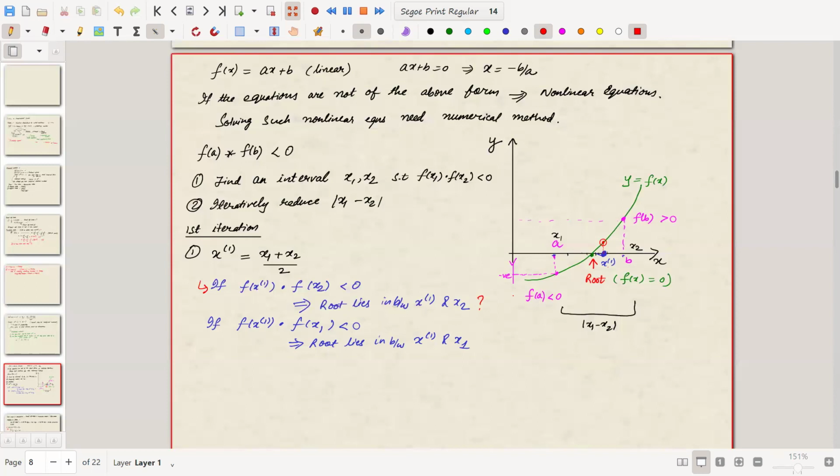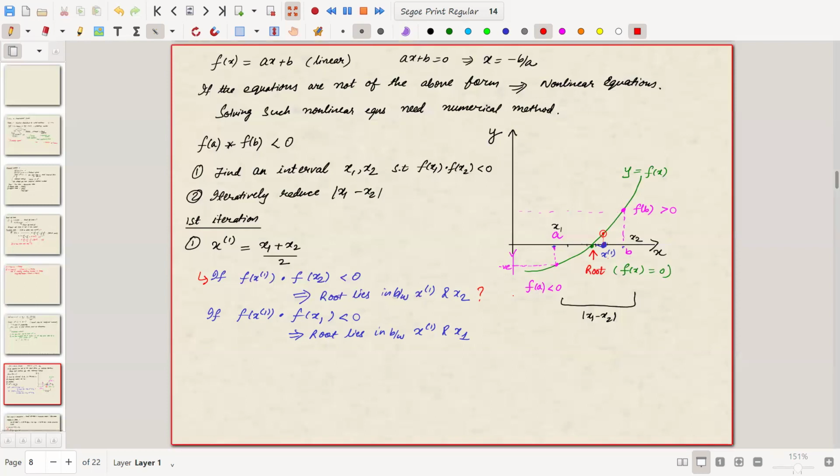Because f of x superscript 1 is positive and f of x2 is also positive, isn't it? Everyone agree? How is it positive? You can just draw a vertical line and see it is in the positive y-axis. F of x2 is positive, so the product can't be less than 0. So this case is not valid here for our example.